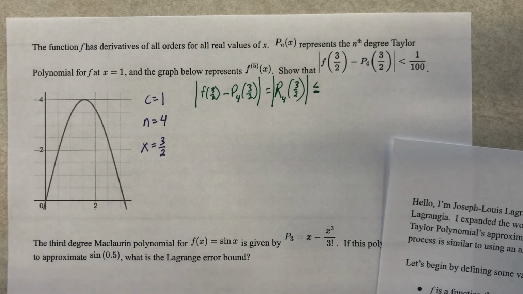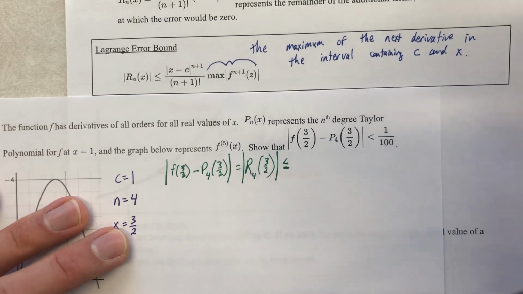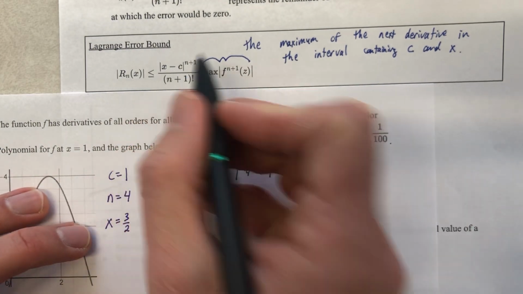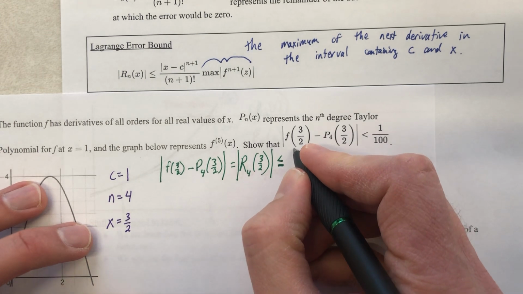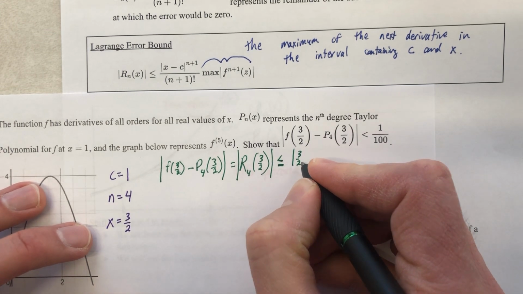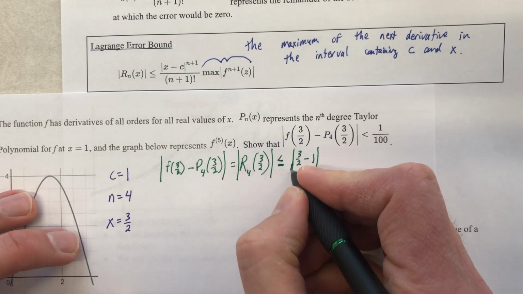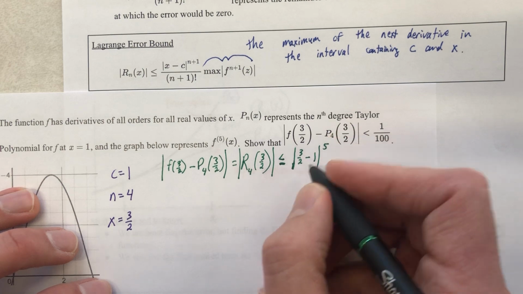If you're confused, do not panic. It's like when people scream, don't panic, and you panic. It's not that bad, I promise. All right. Absolute value of x minus c to the n plus 1. The more you write it, the more you'll remember it, but I've already started plugging in variables, so here we go. Absolute value of x minus c, to the n plus 1. 4 plus 1 would give me 5.